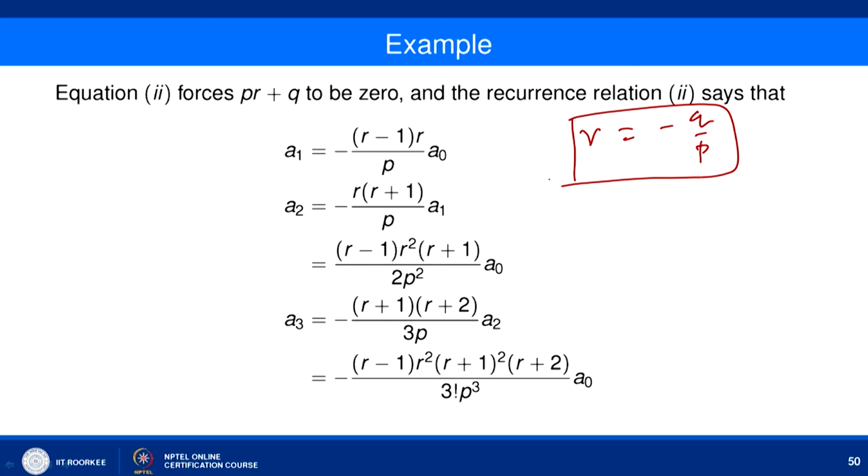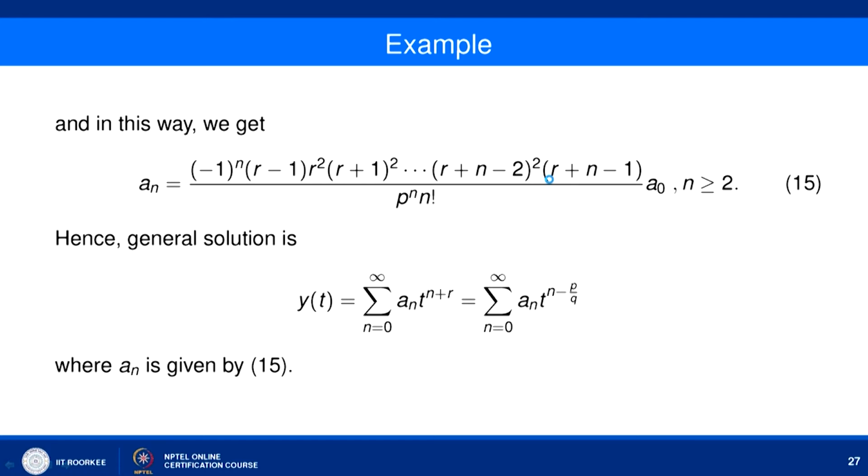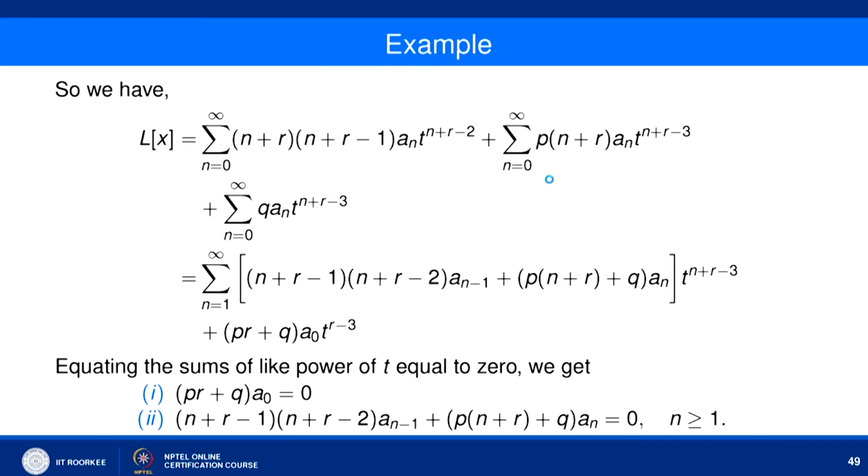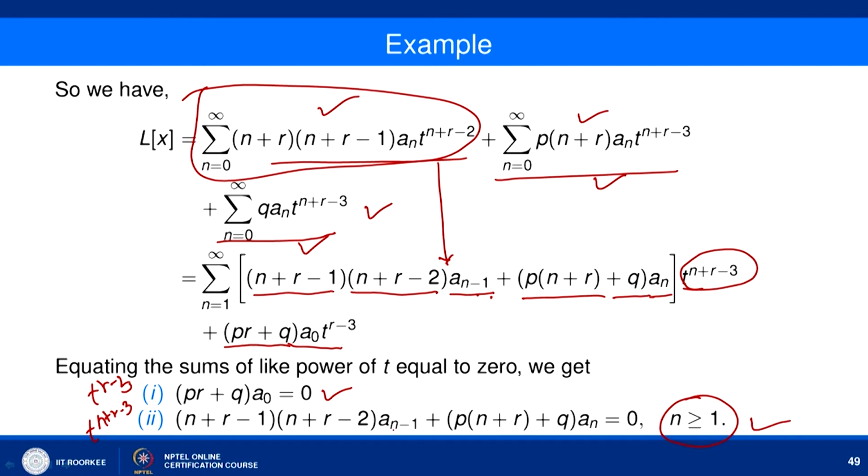So a1 is basically what? To calculate a1, let us look here. When you put n equal to 1, you will get a1 in terms of a naught. So use the second equation and put n equal to 1. It is p into 1 plus r plus q a1.